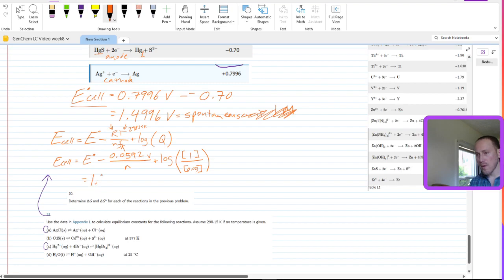We have 1.4996, that's this, as was solved here, minus 0.0592 over 2, plus the log of 40, which is going to equal, because 40 is what 1 divided by 0.025 equals. The log of 40, we're going to have, this should all be like, what? Right?